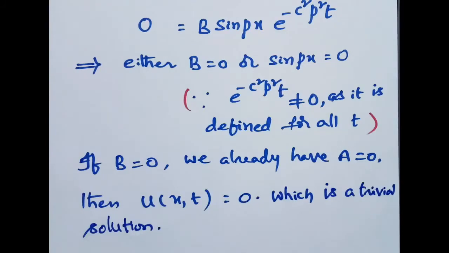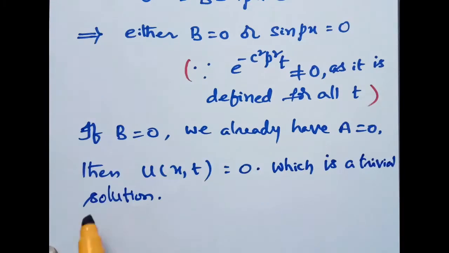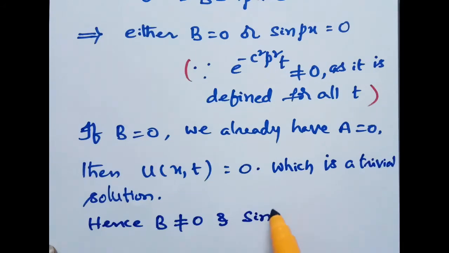So it is not possible to take b equal to 0. Therefore sin px equal to 0. Hence b not equal to 0 and sin px equal to 0.